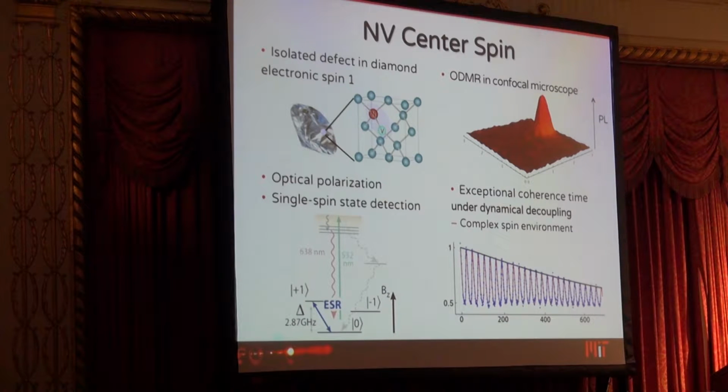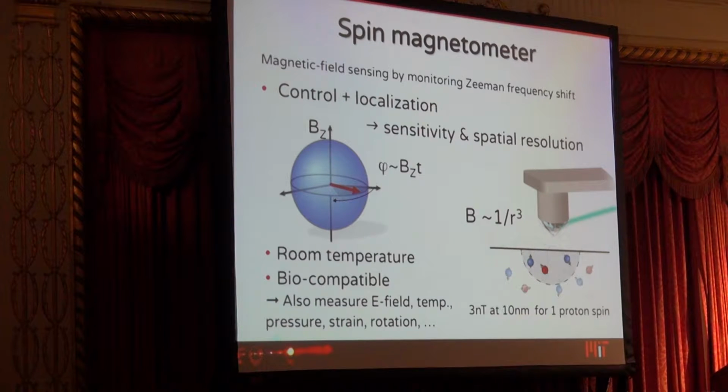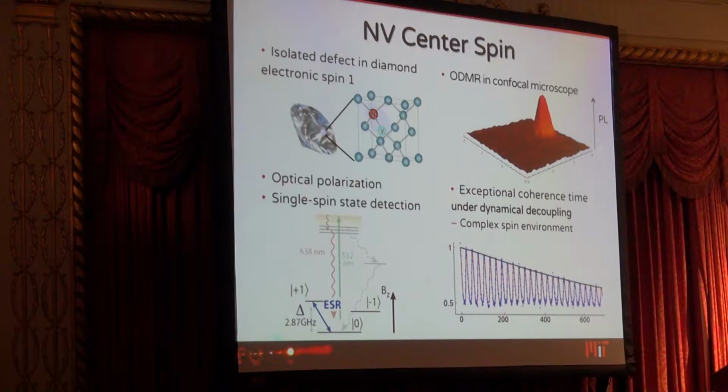We like it a lot because it has very good coherence properties, but only if we control it. As it comes, it will not have such good coherence properties. This makes our life a bit more difficult for any application, from quantum information to quantum sensing, but also more fun.